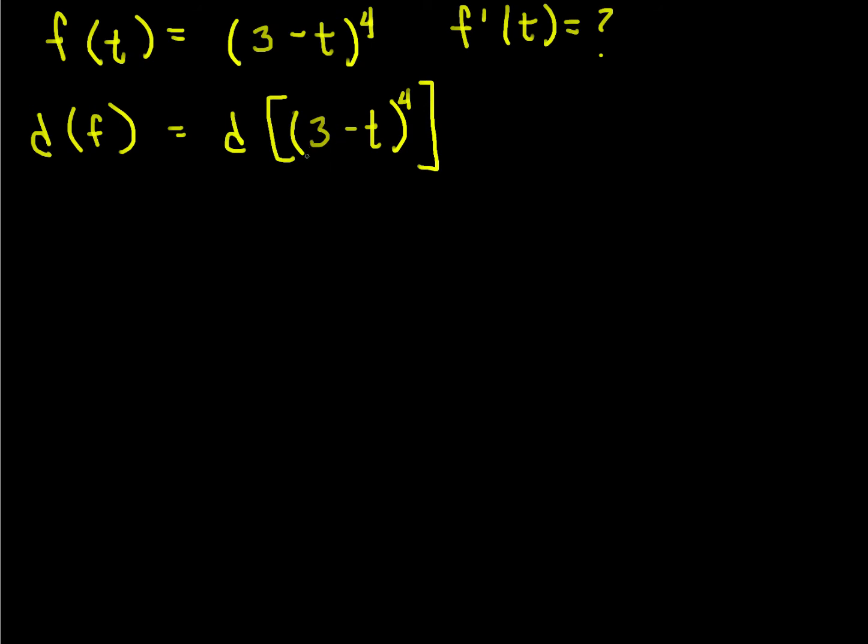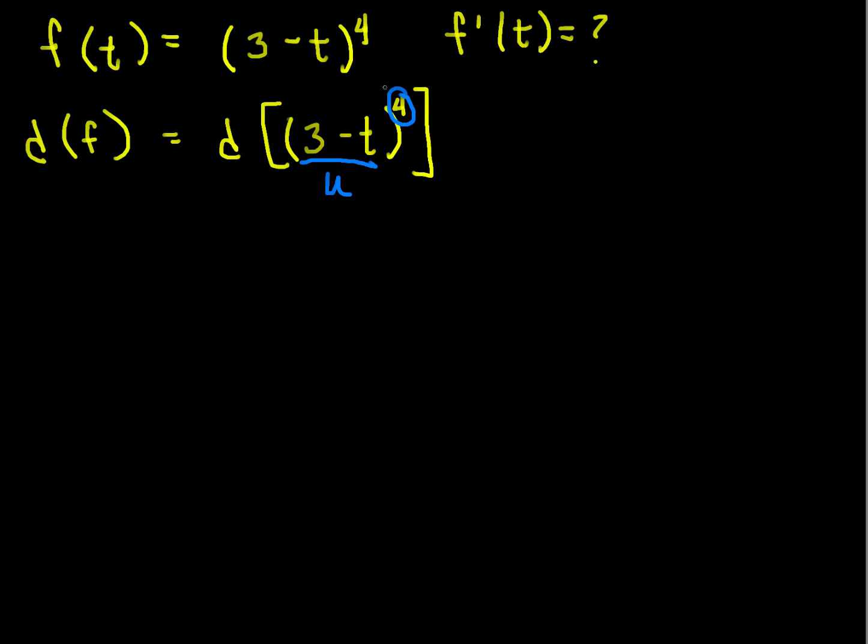I've got some function here, and I could think of that as my u being raised to the 4th power. So if I can see that this is some function, name it u, to the 4th power, then really I've got the power rule going on here. And I'll have the differential of this term here. So this 4 is going to come down and become my coefficient, and this will reduce by 1.